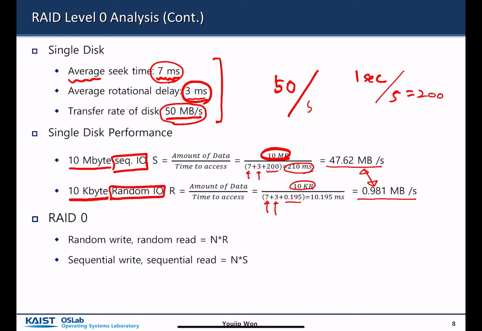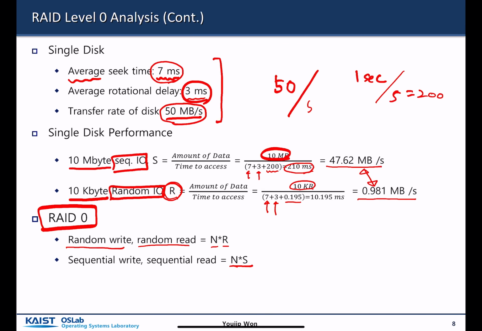Let's get back to our original business, RAID 0. If you perform random write or random read, then the total throughput corresponds to n times R. So this is R. And for sequential I/O, because you can perform it in parallel on all disks, sequential write bandwidth and sequential read bandwidth correspond to n times S. That's easy.